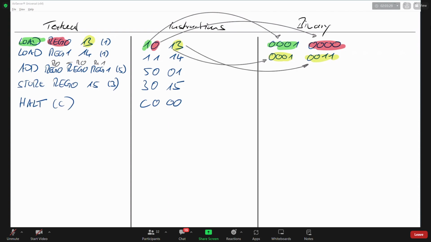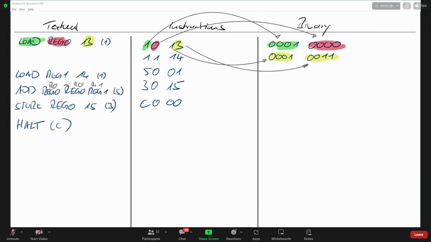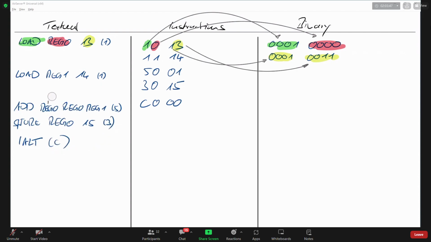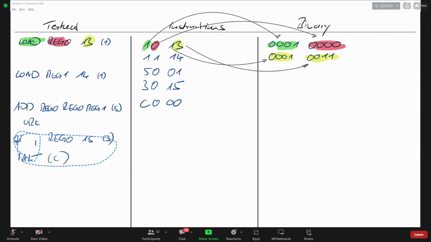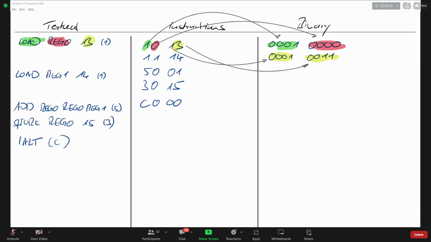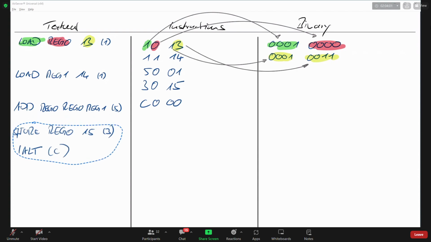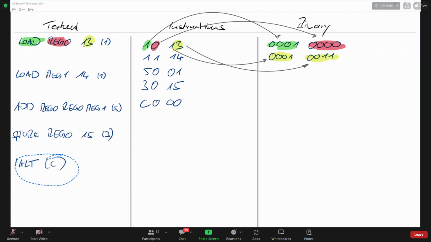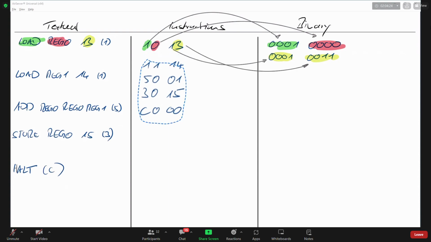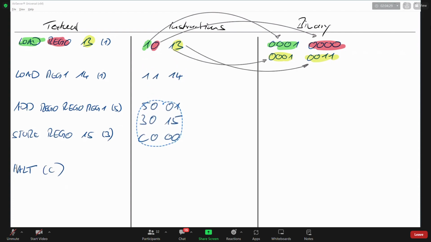And now we are translating all of these commands into binary.